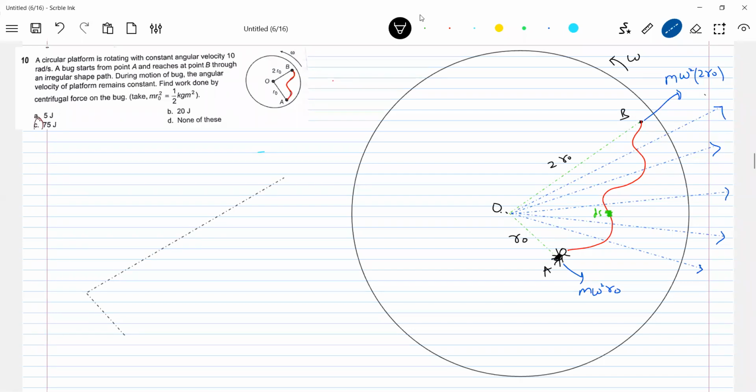So how will the bug start at point A? Can I break up this path?